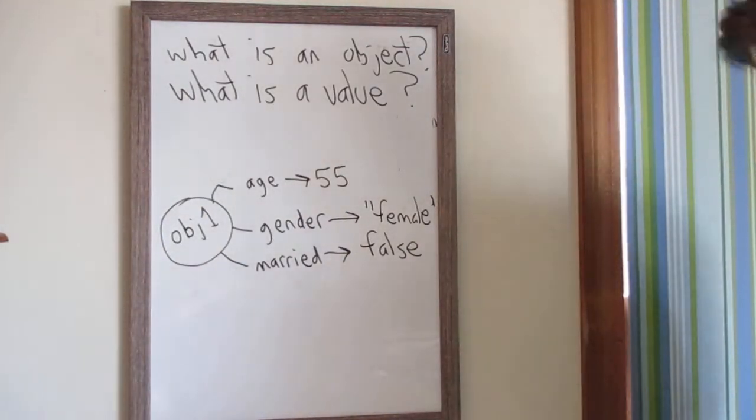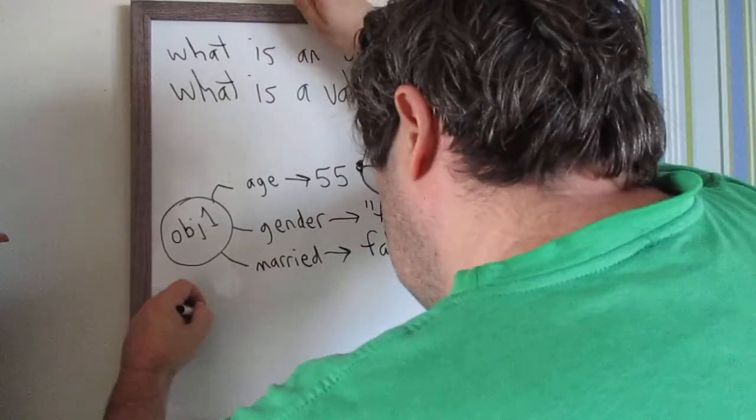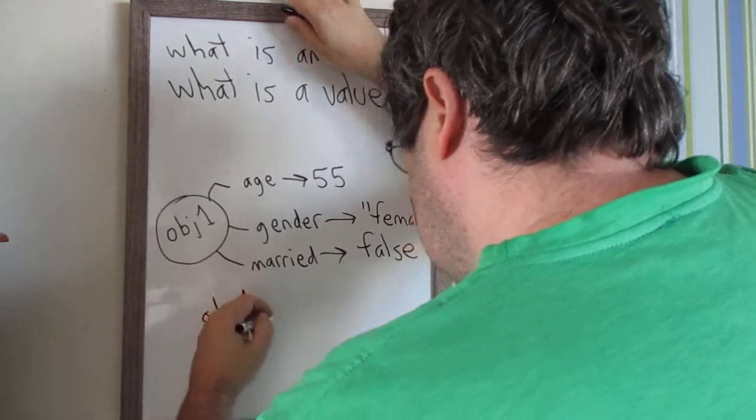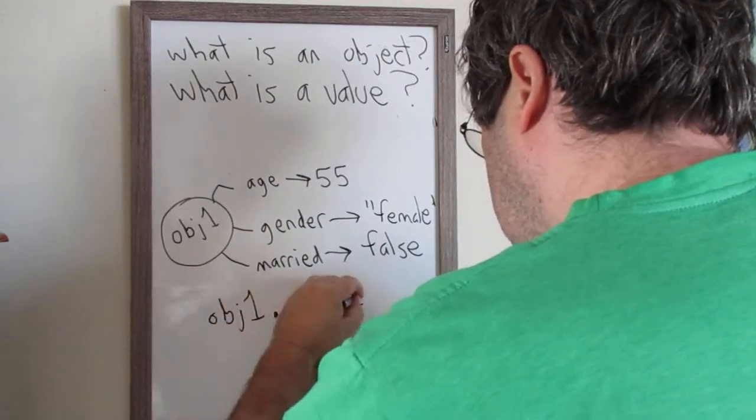And you typically create these properties, you bring them into existence, by doing this. Object 1 dot, and here I give the property name, age equals 55.